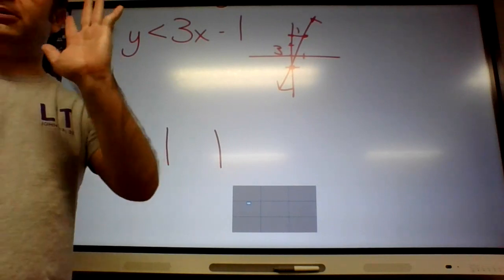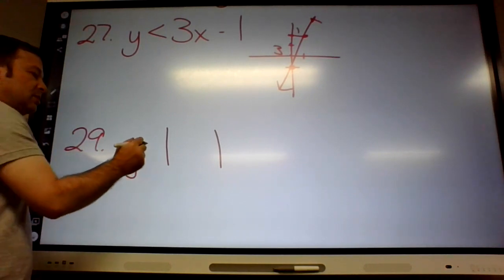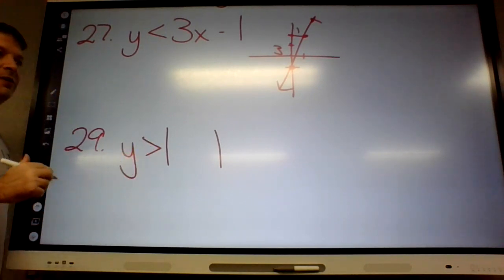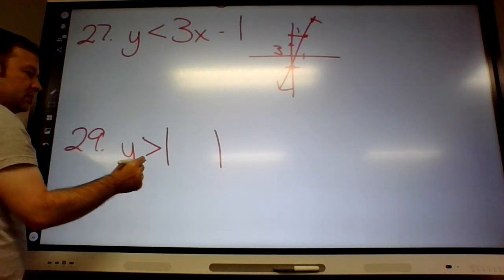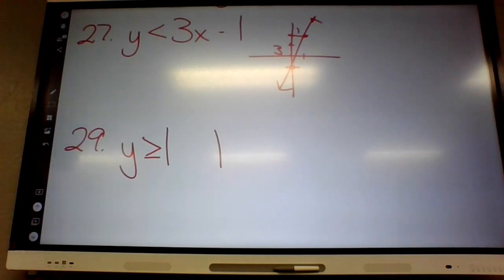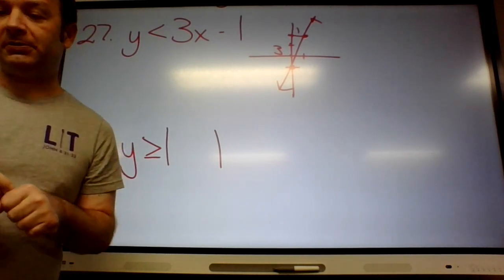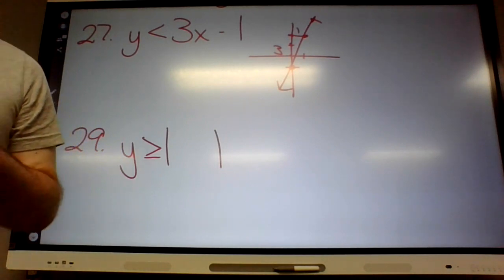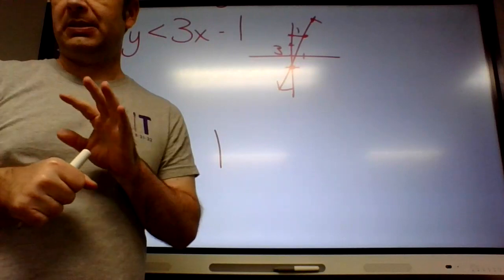It's shaded above on 29, so what do we need to use if it's shaded above? Greater than. The line is solid, so I need to put or equal to. Okay, are you guys paying attention? I'm trying to teach everybody how to do 30 because they weren't watching on 29.